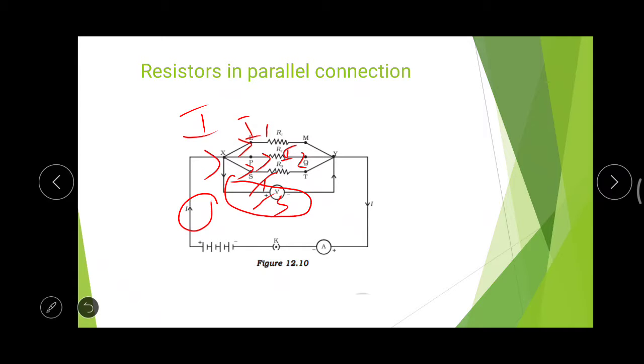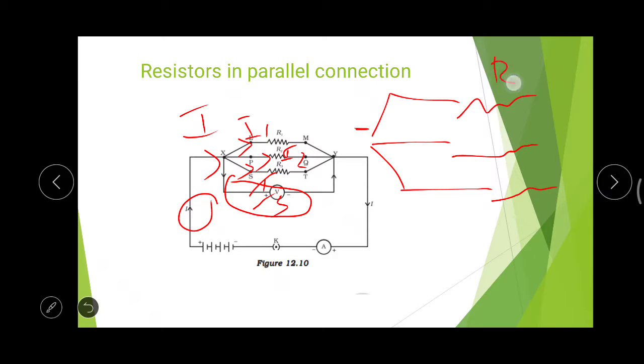So at a junction, three resistors are connected: R1, R2 and R3. The current values will be I1, I2 and I3.